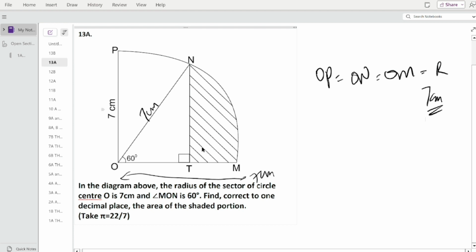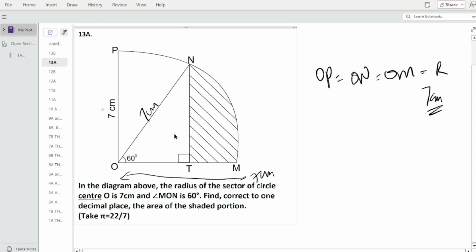Looking at this, we can now find the area of our shaded region, considering this particular sector with the angle given to us. For the bigger sector, the angle is not given, but we have the angle for this one. To find the area of the shaded region, we find the area of this sector, also find the area of this triangle, and subtract the area of the triangle from the area of the sector.